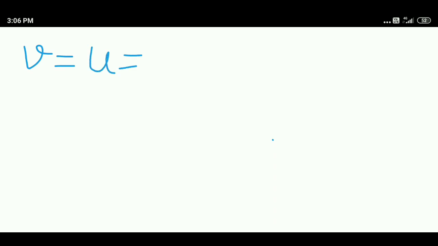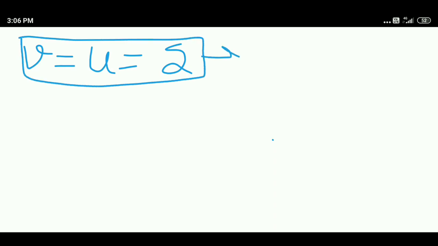We discover that initial velocity, final velocity and average speed are all equal. And when we get this condition, that initial, final and average speed are all equal, it will only happen when the object moves at a uniform rate.